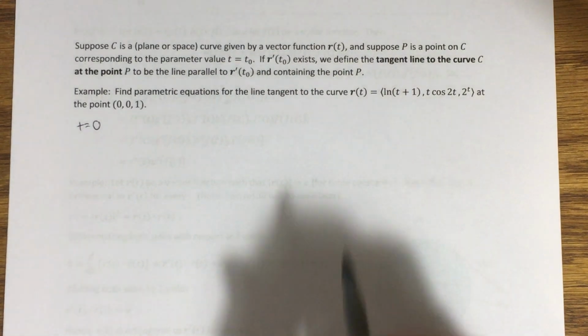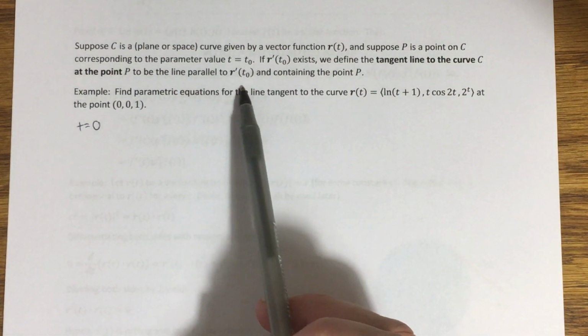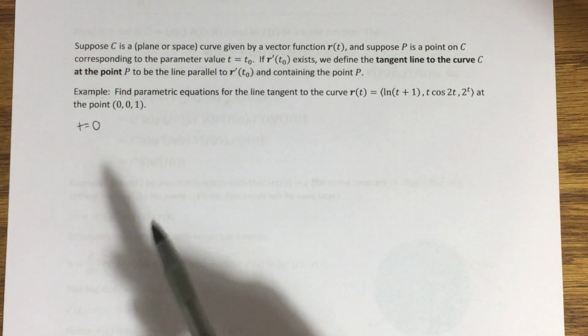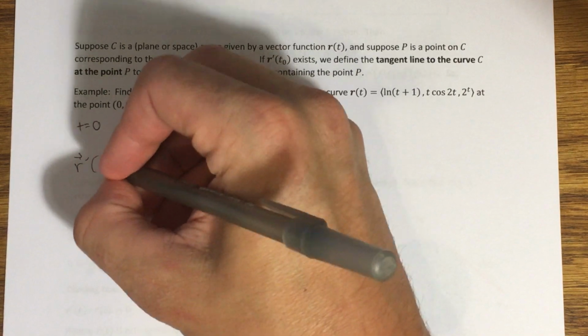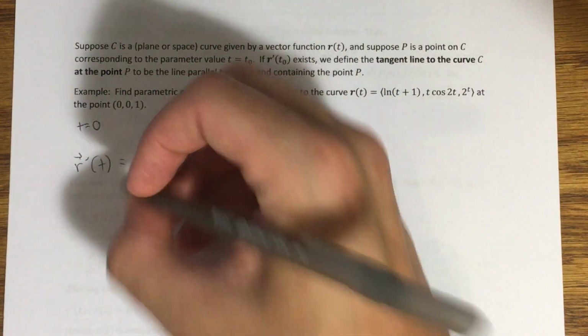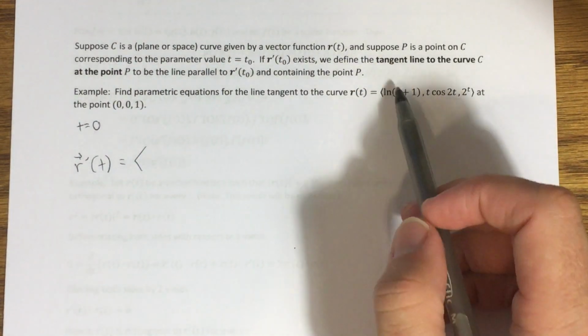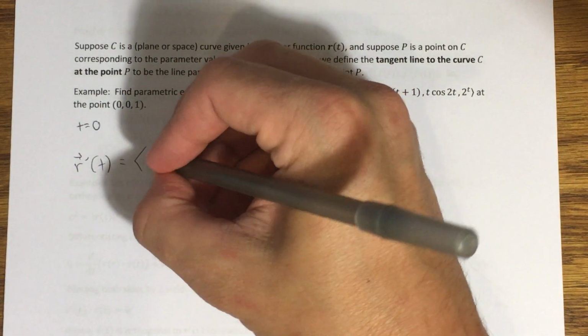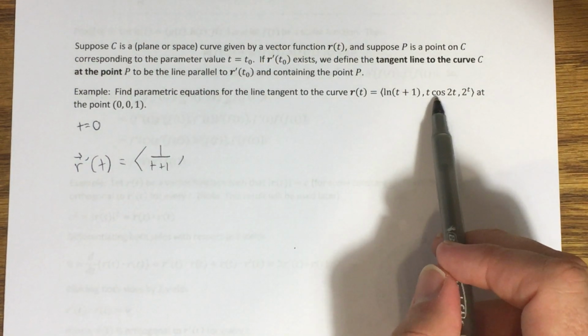Next thing I need is my derivative, because again, we are looking for a tangent vector to this curve. So what is r prime of t in this case? Well, starting with the first function, natural log of t plus 1, its derivative would be 1 over t plus 1. Second function, t times cosine of 2t.